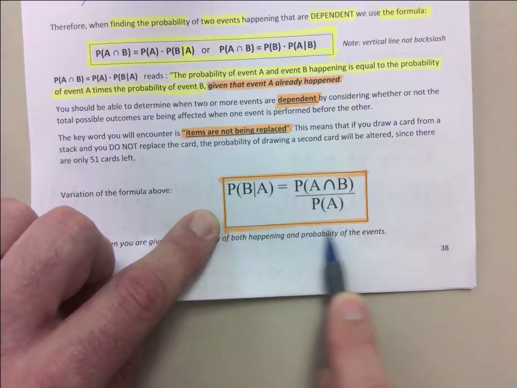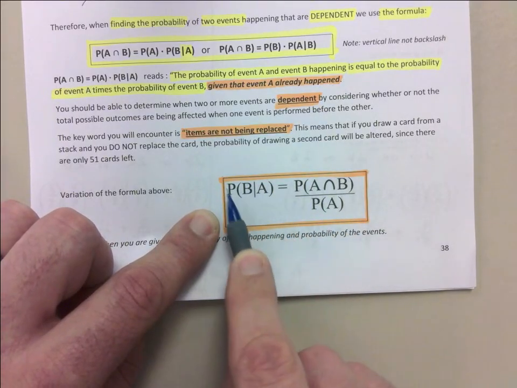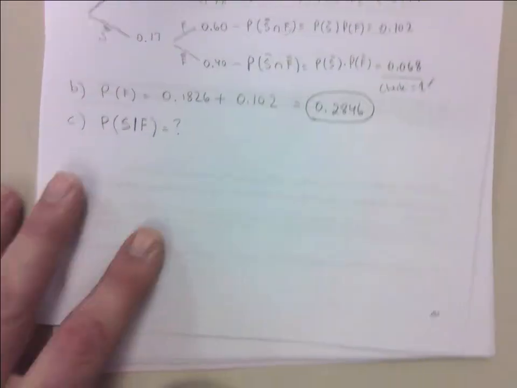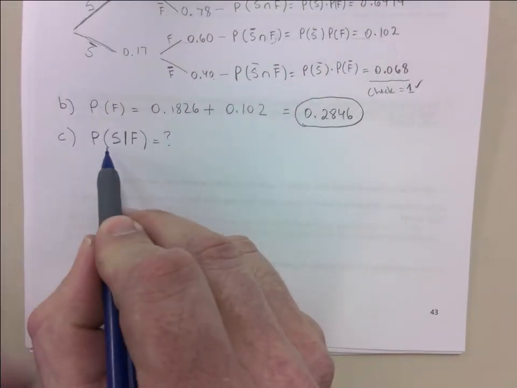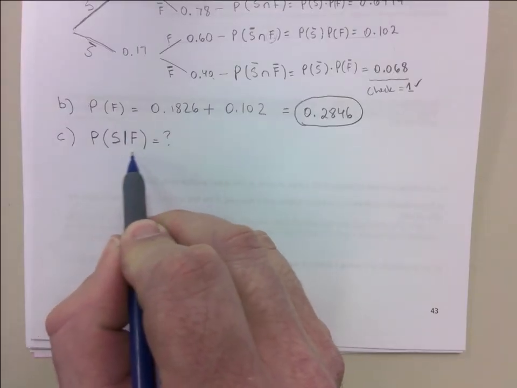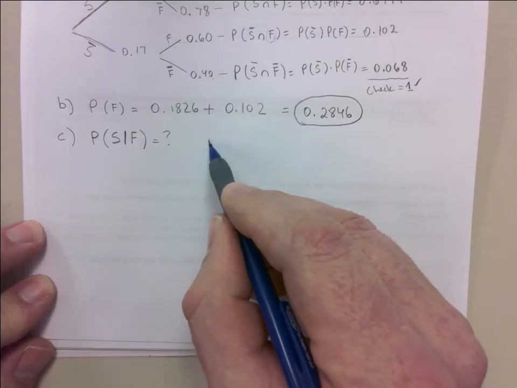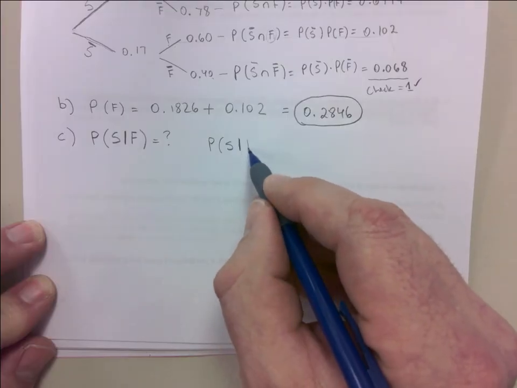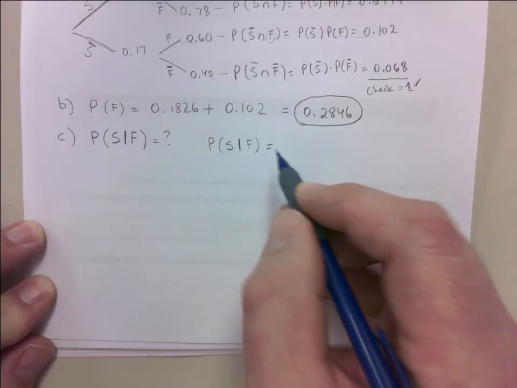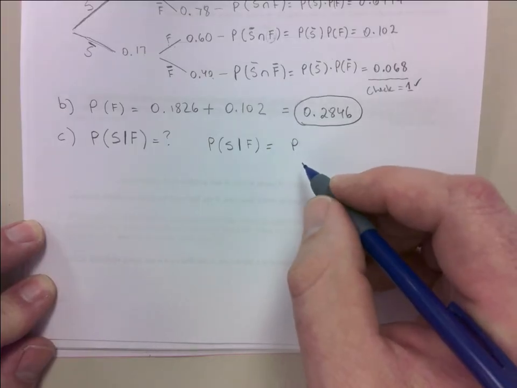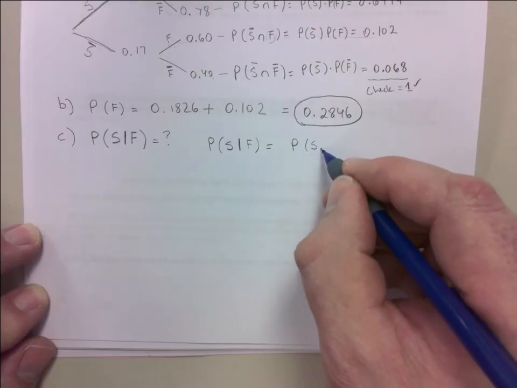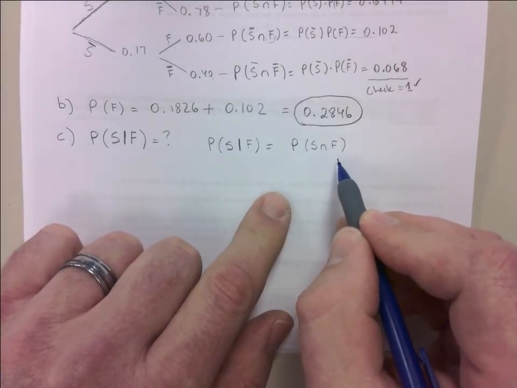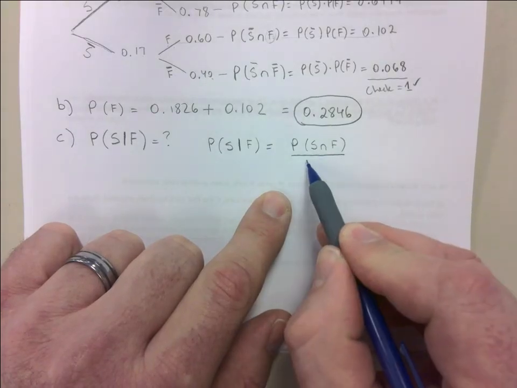So I'm going to use this formula to help me figure out what the question is asking for. So let's use this. I've already translated the question to the proper notation, which means the probability of the sign having been up, given that someone fell, is going to be the probability of the sign and falling, the sign being placed and someone falling, divided by the probability of what?